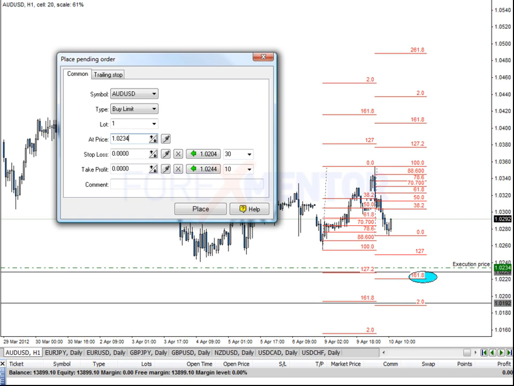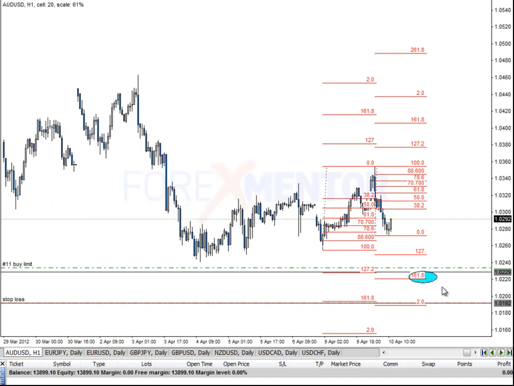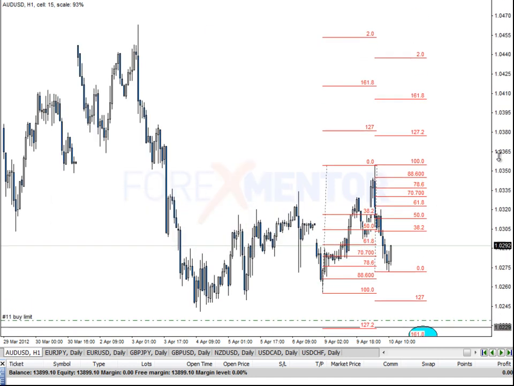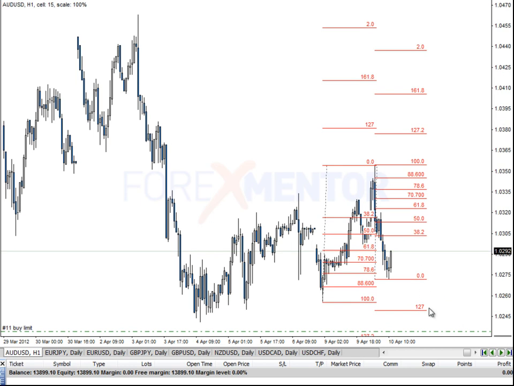Okay, 2, 3, 4 with a stop loss just below, so 0, 1, 9, 2. So we've got a 42 pip stop loss. I'm going to place that in there. And again, take profit, I'm going to wait to see what happens with the reaction there.